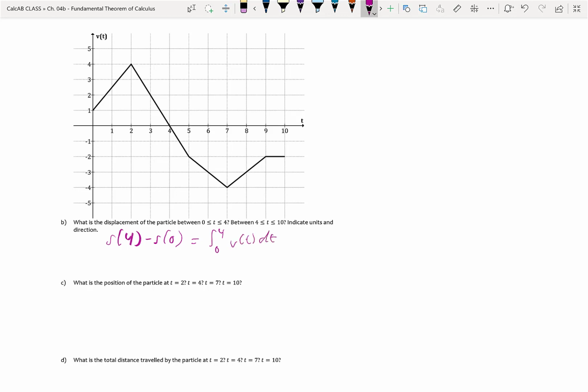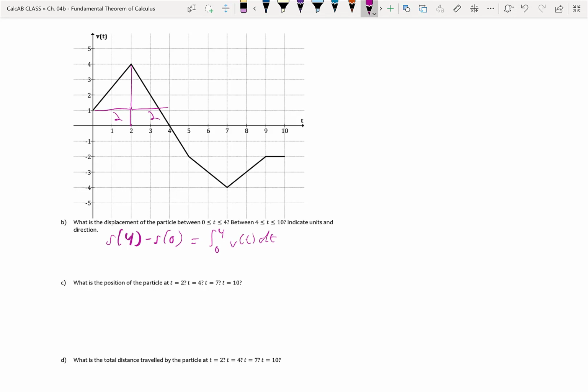And the integral is area under the curve. So count boxes, everyone. 1, 2, 3. Let's do it like this. And then like this. And then like this. This is 2.